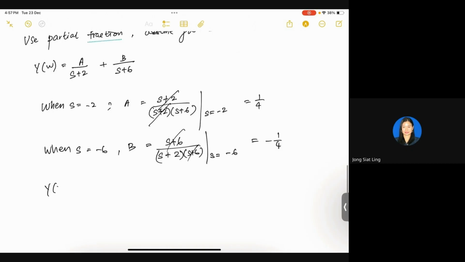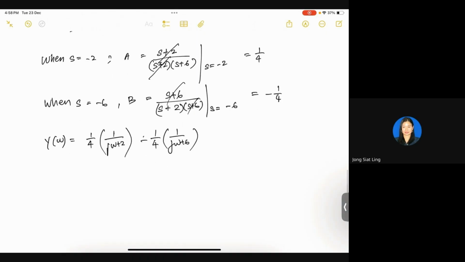So Y(ω) equals A, which is 1 over 4, times 1 over (jω plus 2), then B is negative 1 over 4, times 1 over (jω plus 6).